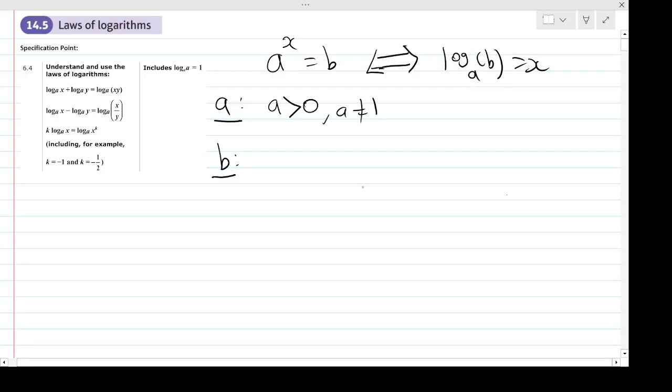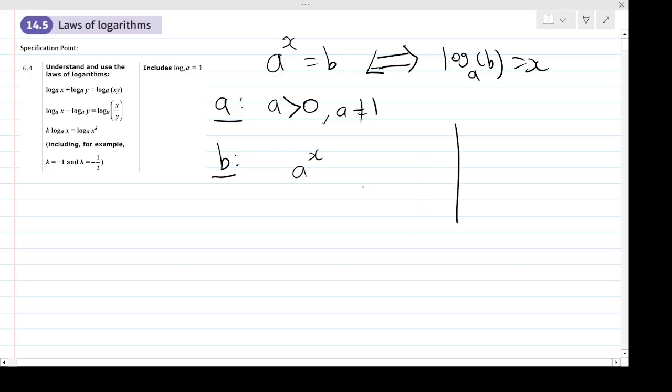Well, actually, we can look at the exponential again. So the values of B we can put into a log. We discussed A, so now B. Well, actually, A to the x, we saw in exponentials that A to the x has 2 possible graphs.